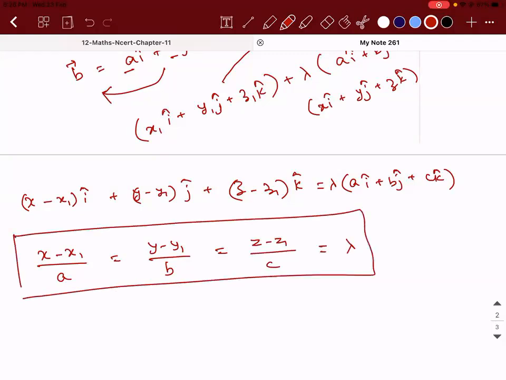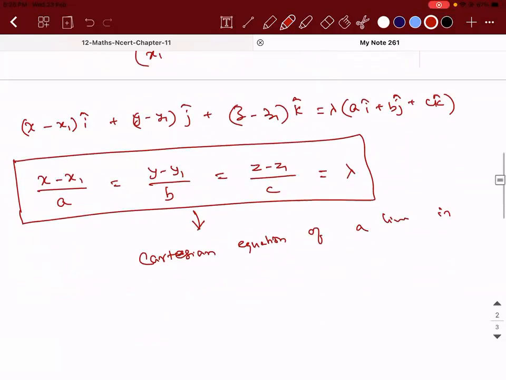So this is the Cartesian equation, or Cartesian form, of a line when a point and direction are known.